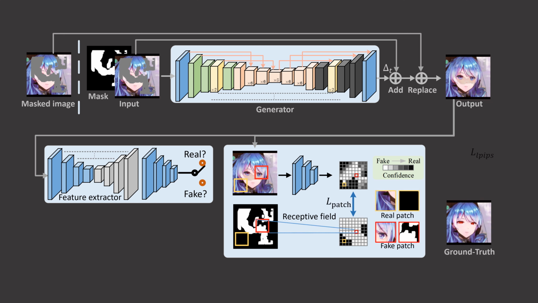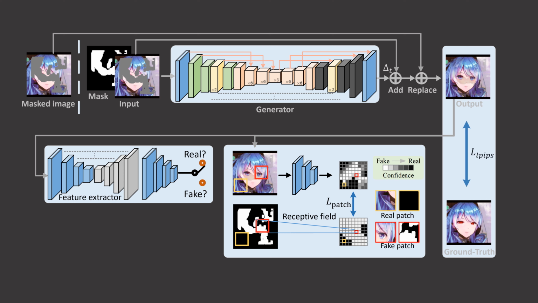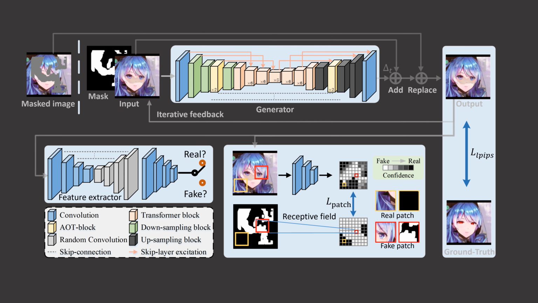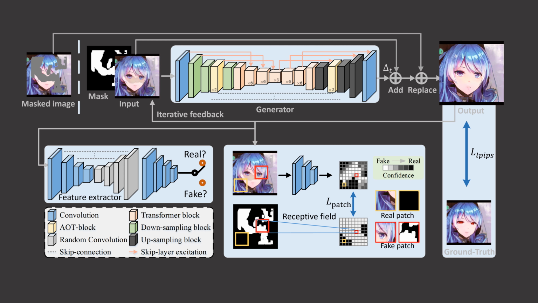To constrain the perceptual similarity between the inpainted image and the ground truth image, we use the learned perceptual image patch similarity loss. At each iterative reasoning step, a previously inpainted image is fed into the generator to obtain a residual prediction, and the loss functions and corresponding backpropagation are recomputed. Simultaneously, the network weights are updated accordingly via backpropagation.